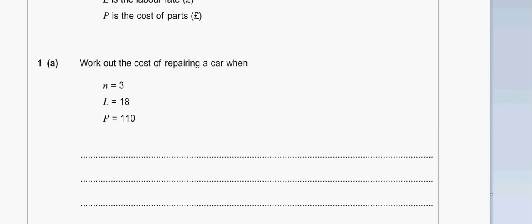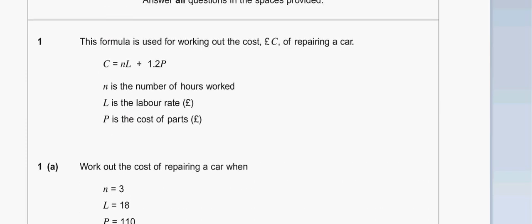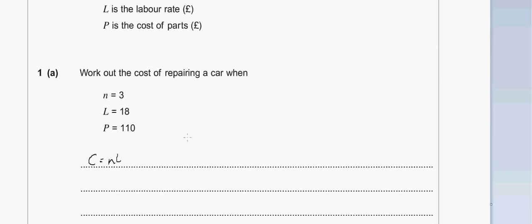I would just write the formula again. So C equals NL plus 1.2P.